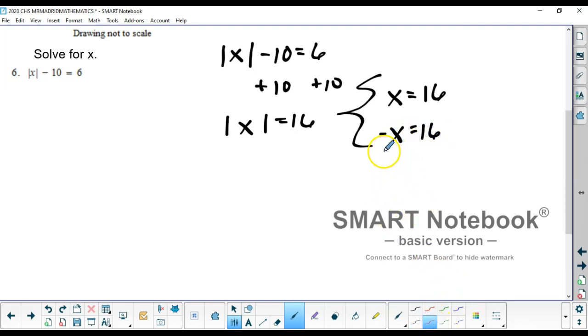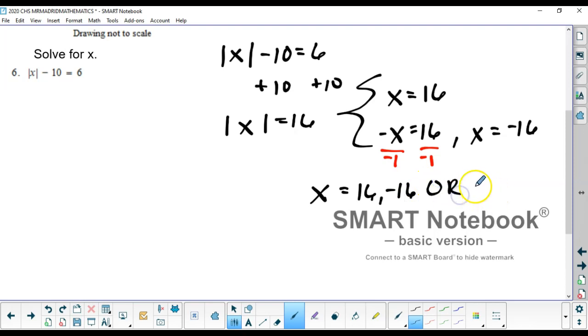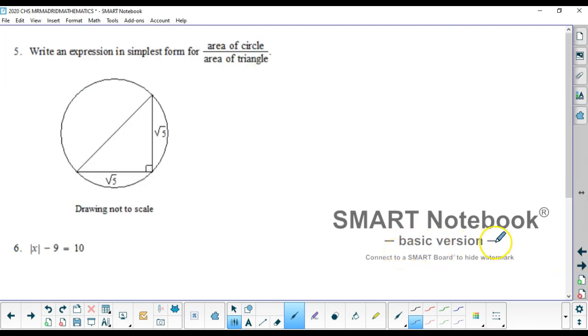And if we divide by negative 1, then you have x equals negative 16. Okay, so the solutions are x equals 16 and negative 16, or x equals plus or minus 16. All right. Guess we'll get some practice there.